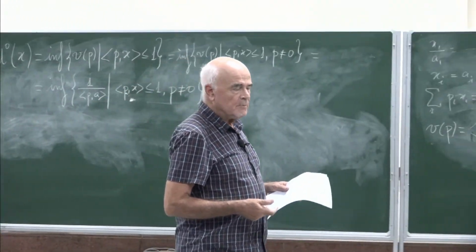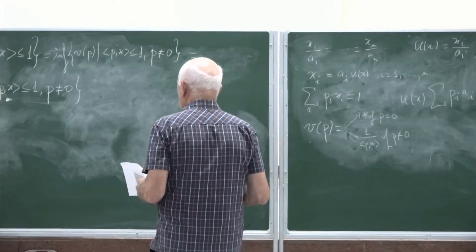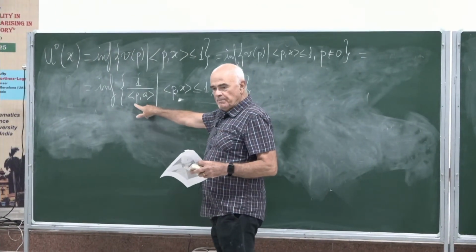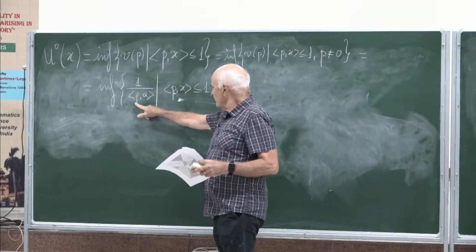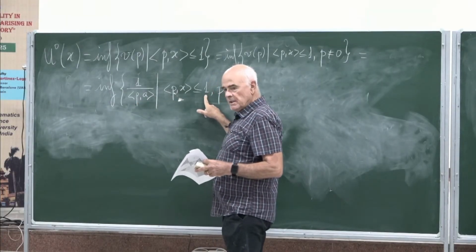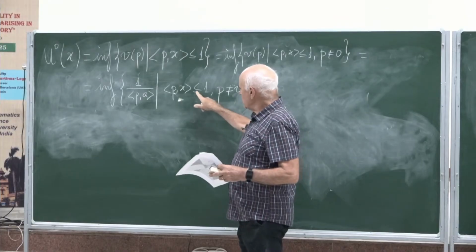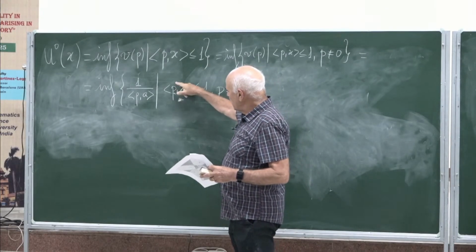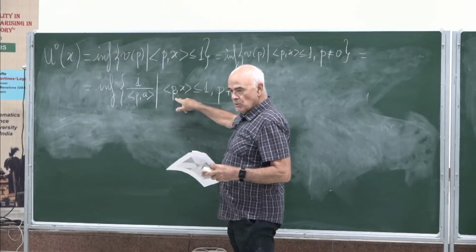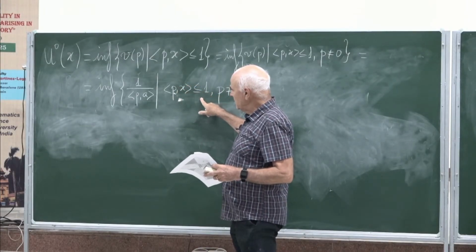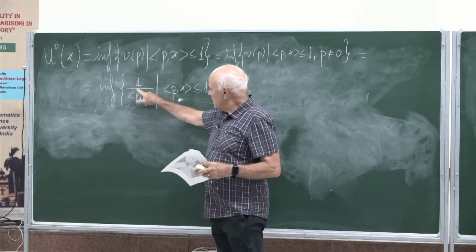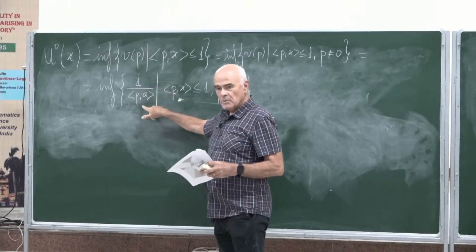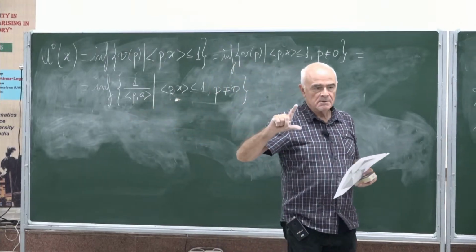There is no need because, first of all, for the optimal p we would have equality here. Because if it is satisfied strictly, I can increase p so that this is still satisfied, and this denominator will increase, which means that the objective function will decrease.